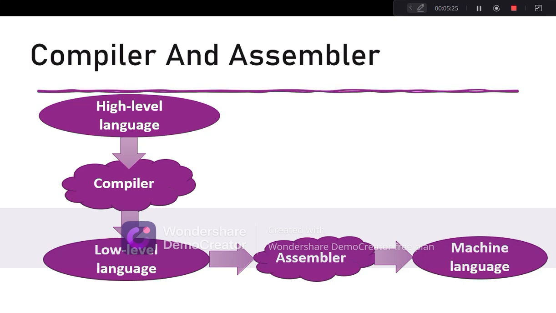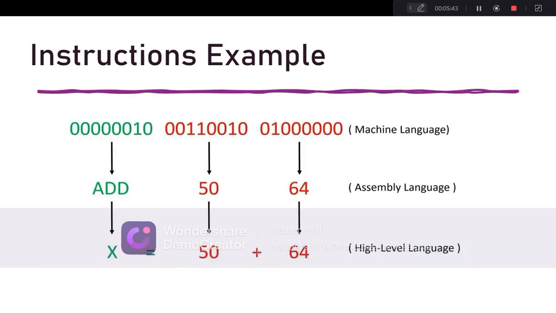We have a compiler for each language: for Java, for C Sharp, for Python, to convert the high level language sentences to low level language, and the assembler translates to 0, 1, or machine language. For example, we have a small sentence in machine code, assembly code and the high level language.